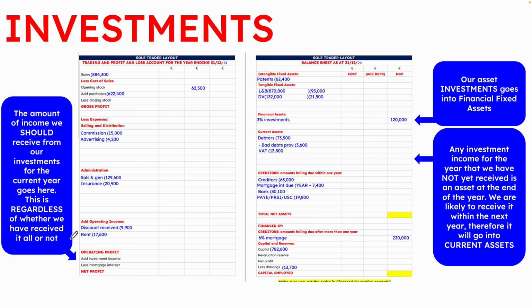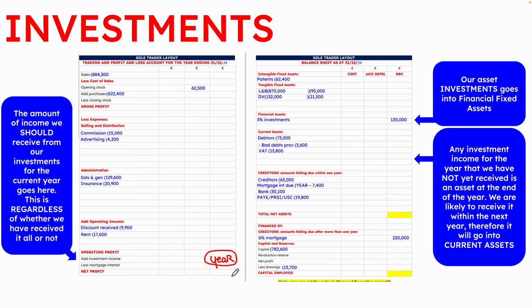And the investment income for the year should go into the TPL. It's important for you to note that it does not matter if all of the investment income has been received or not. We still have to write what relates to the current year here, okay? It's very important that you do that.